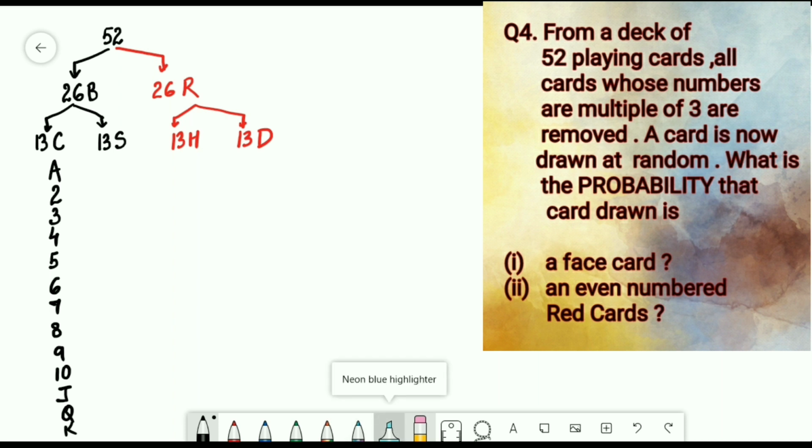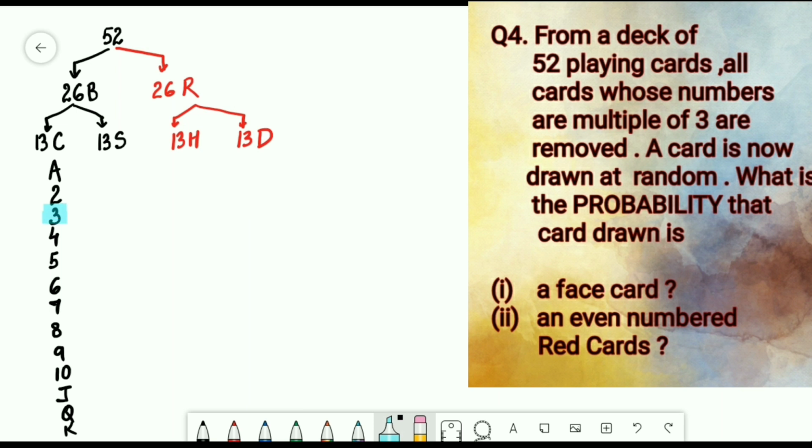Okay, from there we have removed all the cards which are multiples of 3. That means 3, 6 and 9 we have removed.